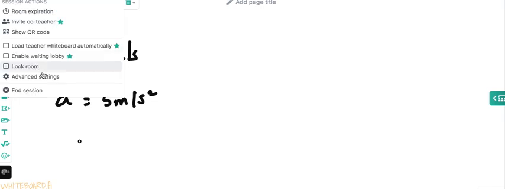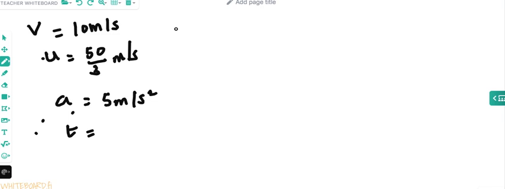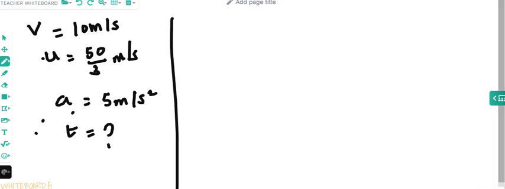So t is unknown. If t is unknown, which formula are we going to use in solving this problem?